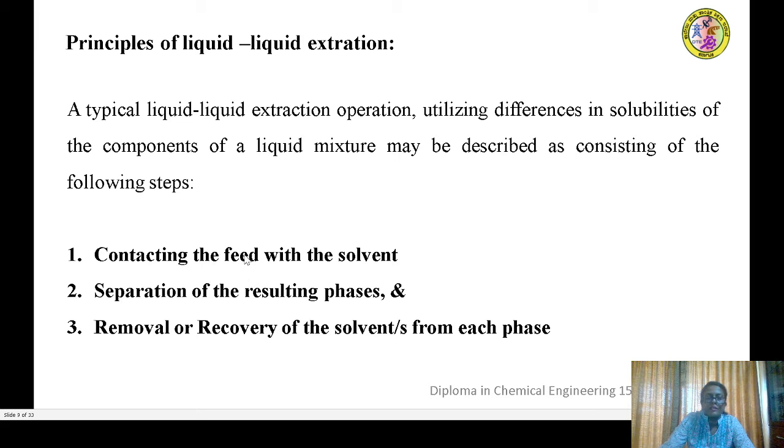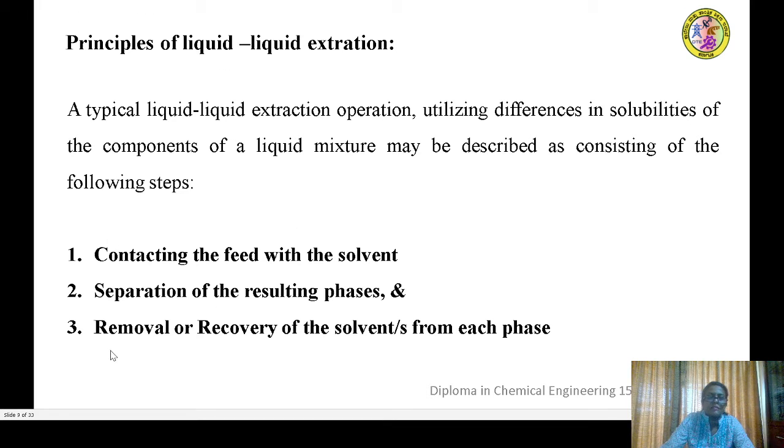So from that you have to separate out the pure solvent so that you can reuse that solvent in the operation. So that is your final step, and as I already mentioned, in most cases it is done using distillation. So the third step usually will be the distillation for the liquid-liquid extraction operation.